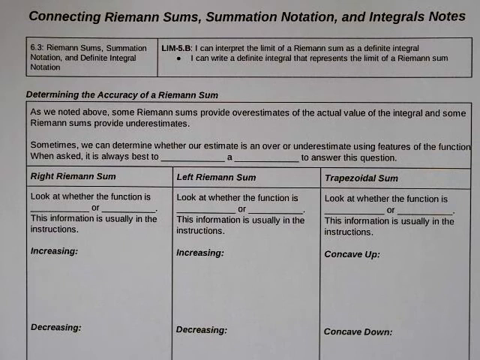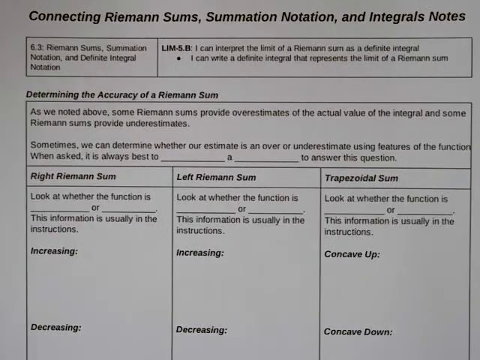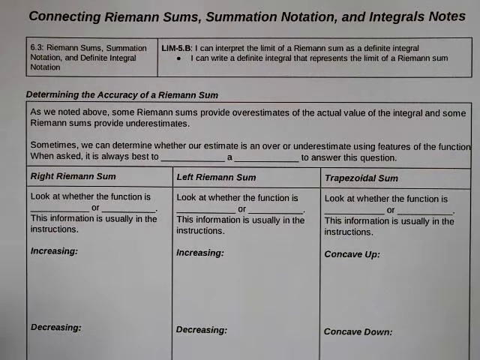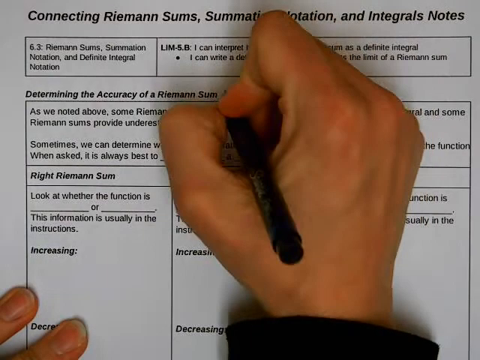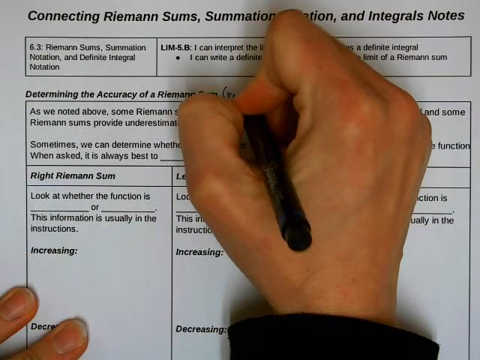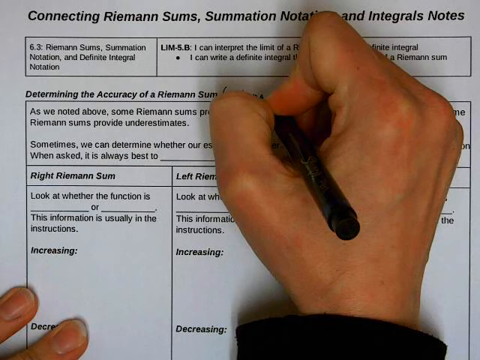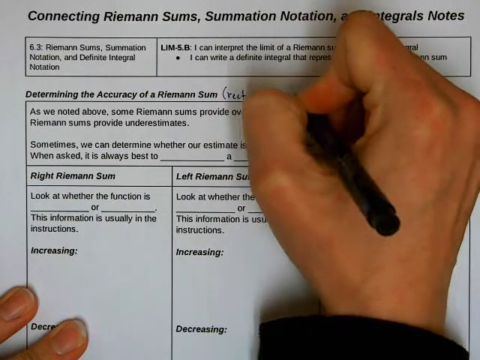So the first thing I want us to remember when we're talking about these Riemann sums is that we're talking about those rectangular approximations that we've been using to estimate the value of an integral.